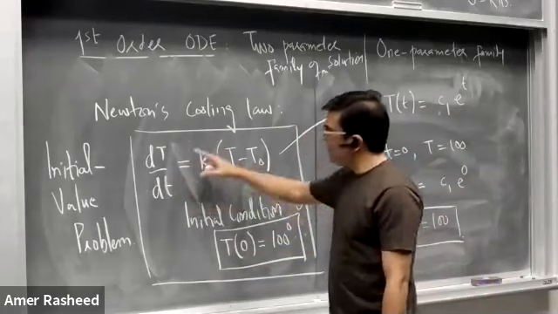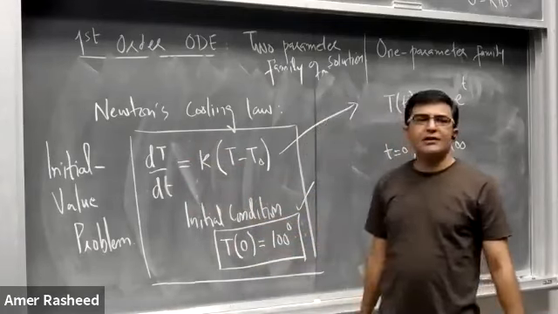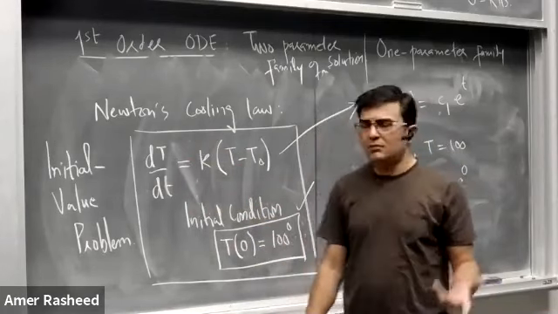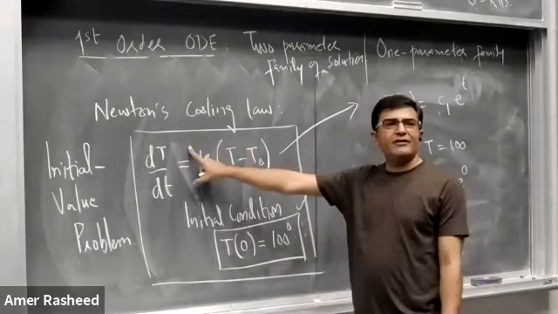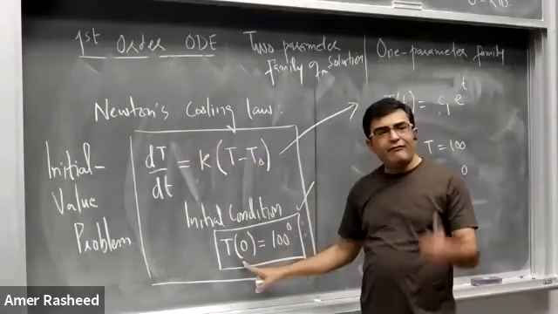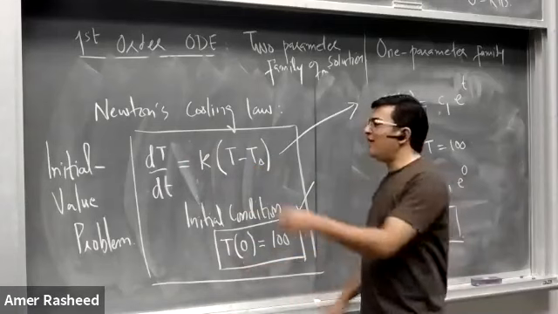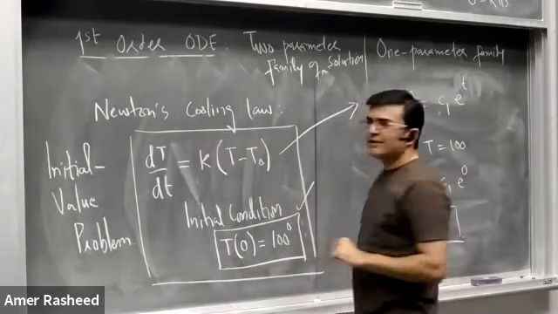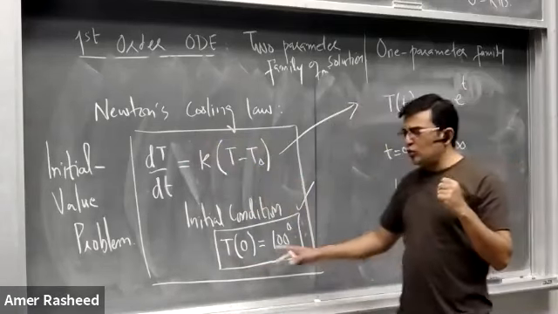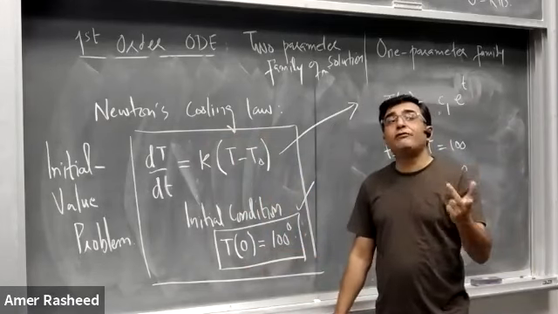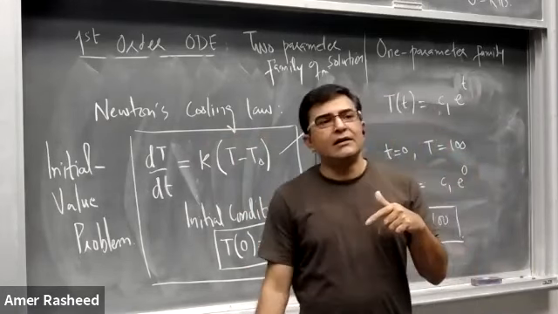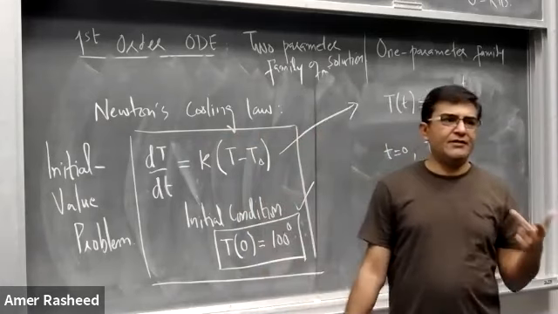The differential equation along with the initial condition is called initial value problem. If it is the first order differential equation, we must have one initial condition. If we have second order differential equation, we must have two initial conditions in order to find two unknown parameters in the differential equation.